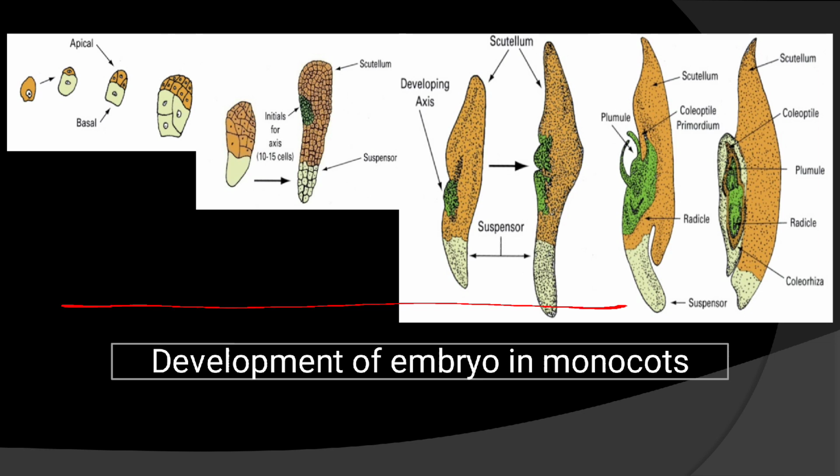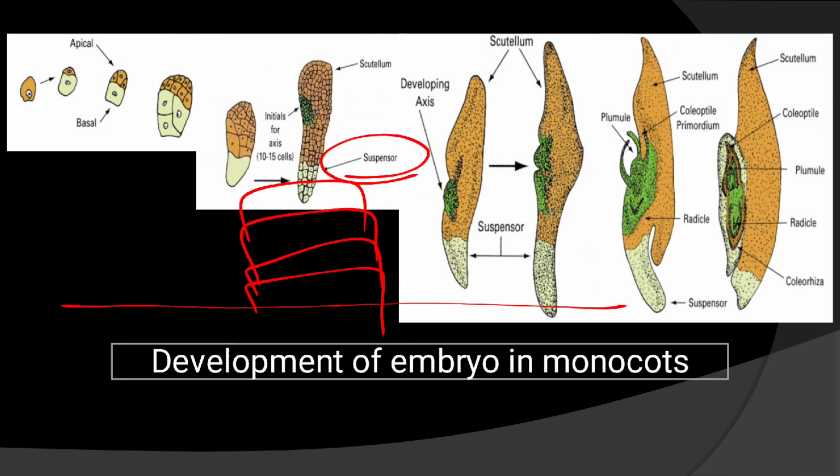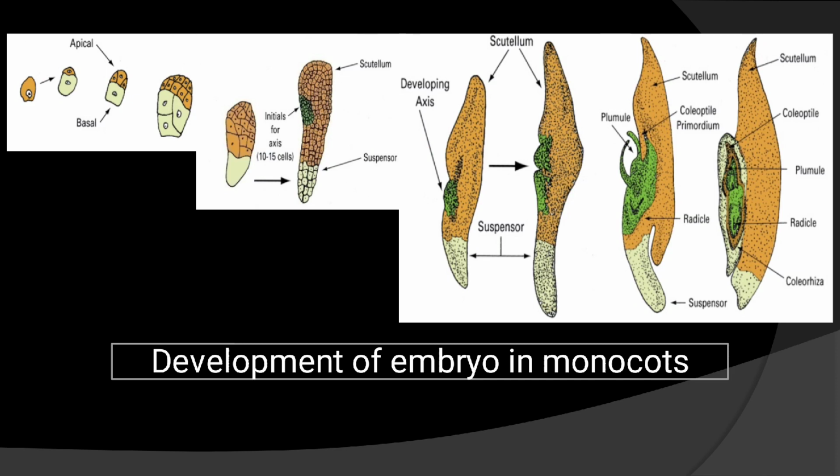Let's see how the development takes place in this. As I told you, till the globular stage the development is same, only the difference is in the suspensor. In the dicot embryo you have seen a column of suspensor is formed like this. But here the suspensor is not differentiated. It is not in the form of a row.